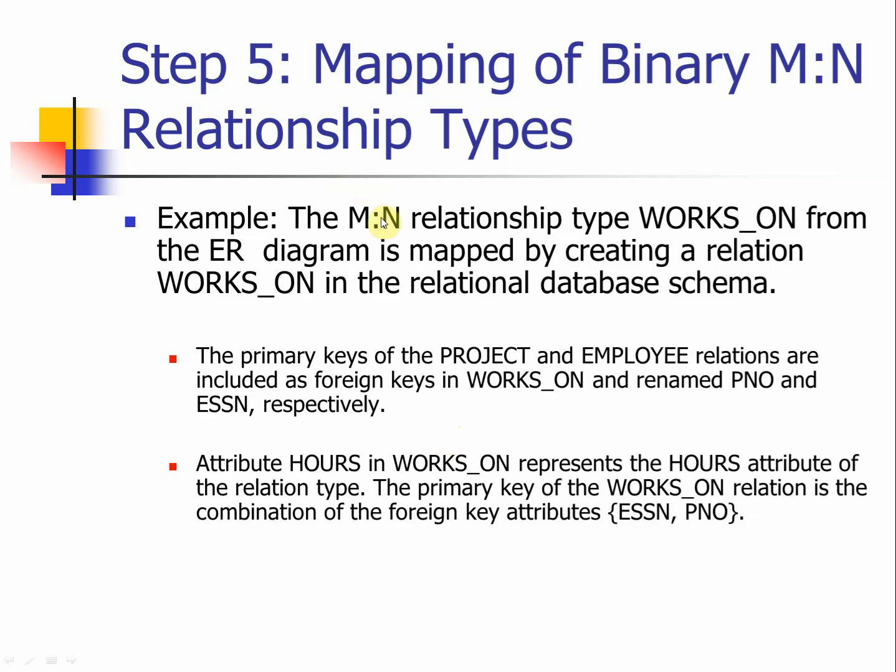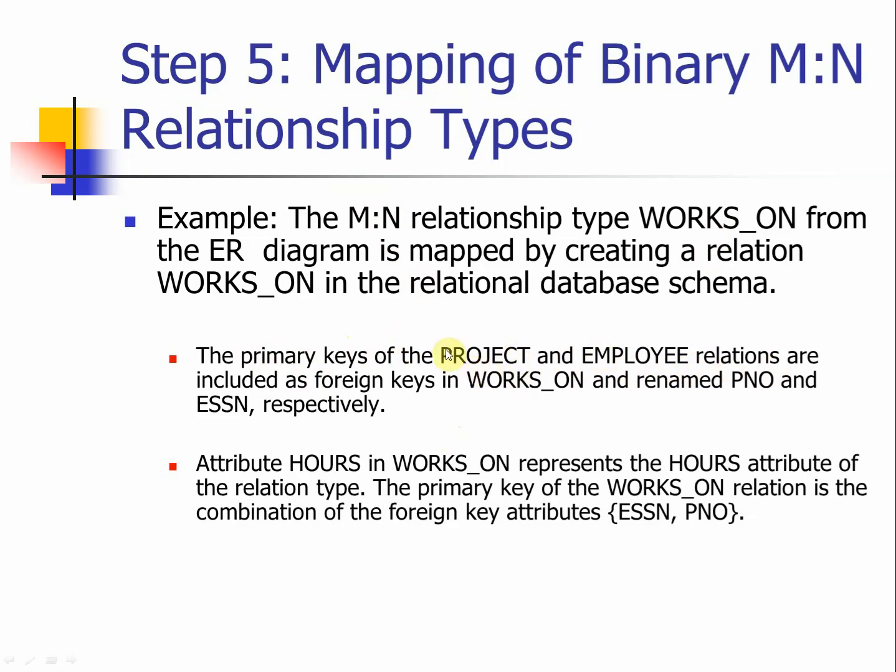For the m-to-n relationship, works on is the one that we will see is not going to be handled by the simple foreign key approach. So what we need to do is create a new relation called works on. The primary key of the project is one end that they attach to, and the other end is the employee.